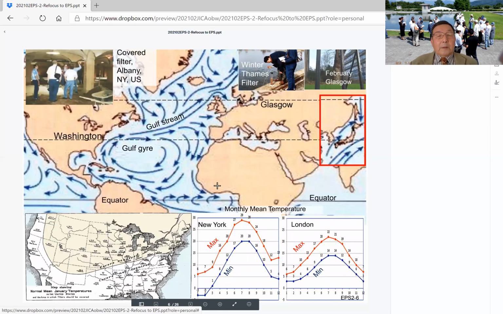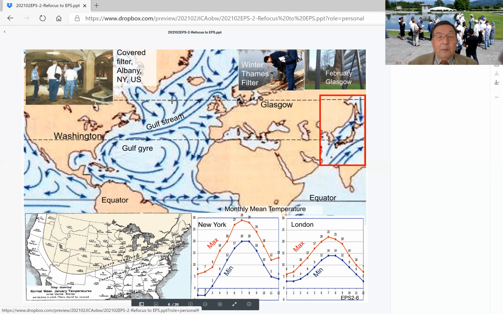Compare the monthly mean air temperature of New York and London. In New York it's very cold in winter, but in summer it's high. But in London, even in winter, it is higher than in New York, and in summer it's cooler than New York.